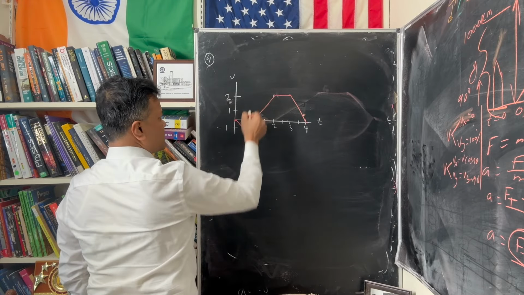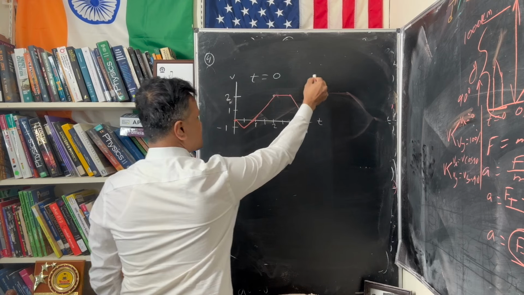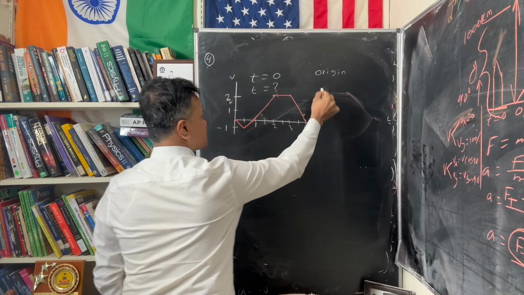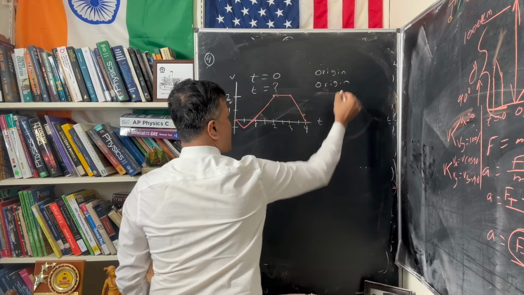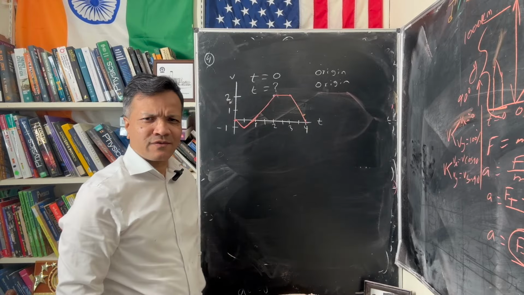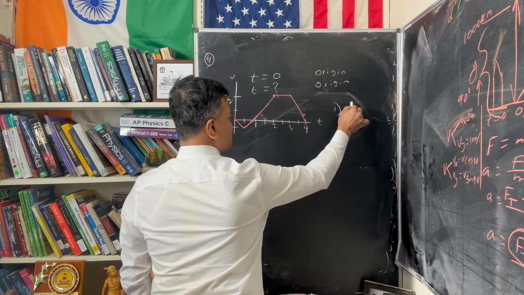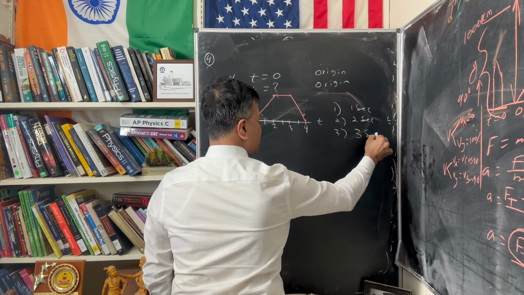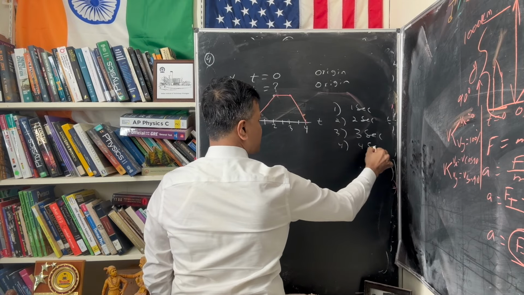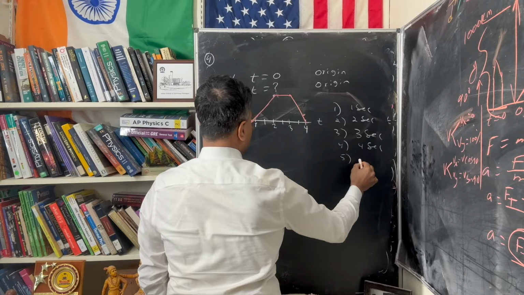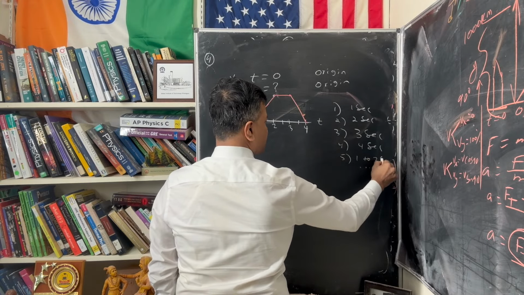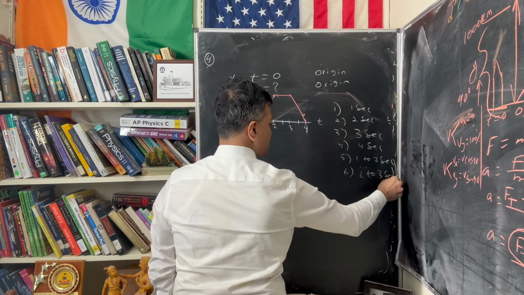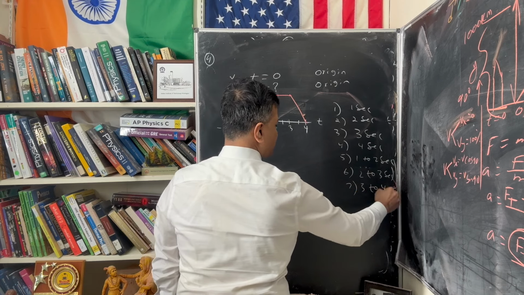Notice that at t equal to 0, the object is at origin. At t equal to 1, the object is back to origin. I did not make it so difficult. The options are: option 1, 1 second; option 2, 2 seconds; option 3, 3 seconds; option 4, 4 seconds; option 5, 1 to 2 seconds; option 6, 2 to 3 seconds; option 7, 3 to 4 seconds.